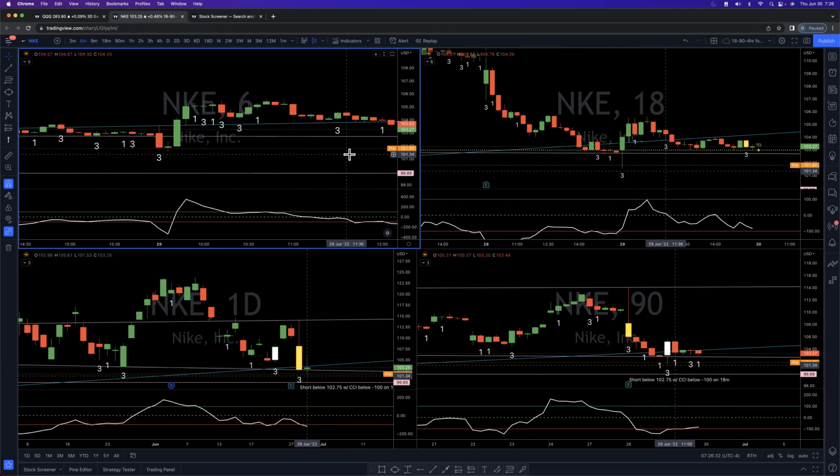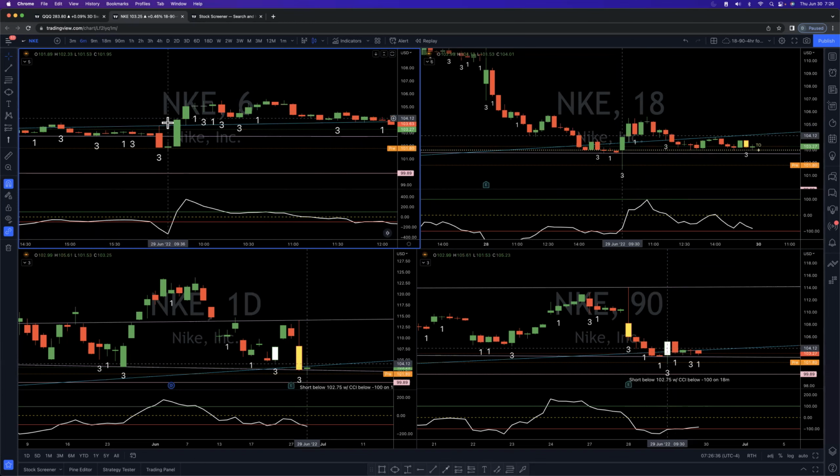So it's a totally different trade setup. I'm just using this right here. I'm not looking at anything else. I'm looking at my 6-minute chart on a 3-2-2. I'm looking to get in and get out. That's how I scalp. I look at the shorter time frame on these 3-2-2s. You can scalp those all day.